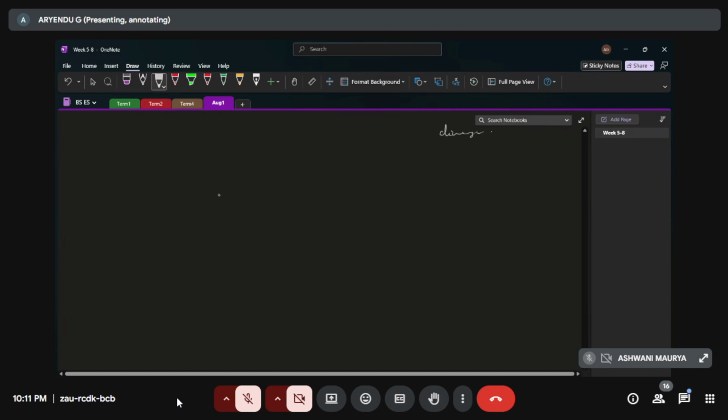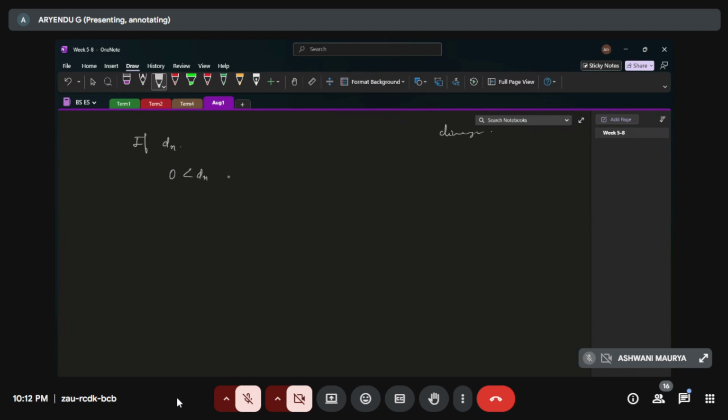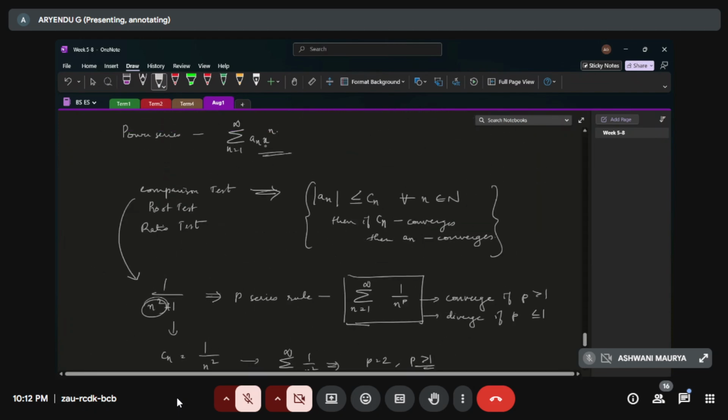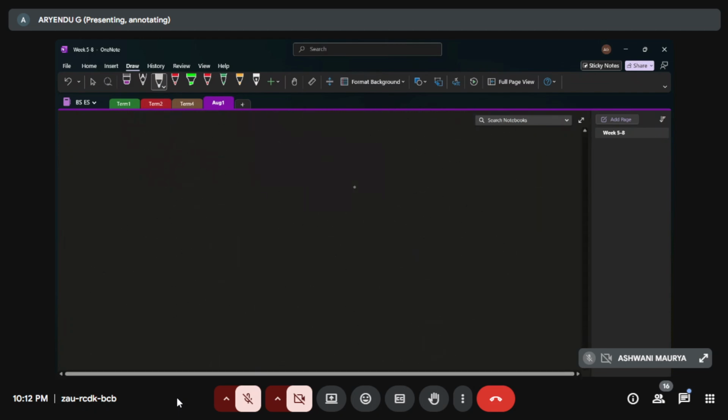So the divergence rule is, if there is a series d of n such that 0 is less than d of n less than a of n. Here we have seen that a of n is less than c of n. And here, if we write it the opposite way, a n is greater than d of n.